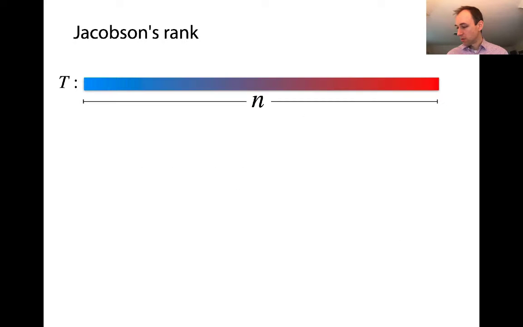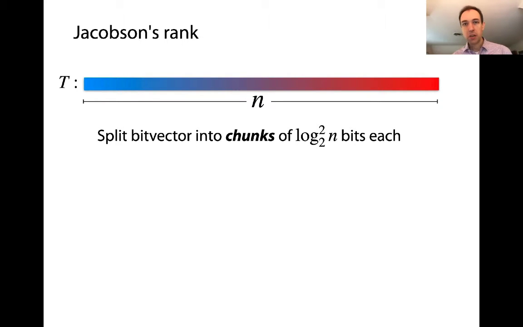Okay, so let's take a look a little bit more closely. Let's say this is our bit vector. I'm calling it t, and let's say it's got n bits in it. I'm just using some color to make it easy to see the beginning and the end and the shades in between. The first thing we're going to do is split it up into equal-sized chunks, and we're going to pick a special size for each of those chunks.